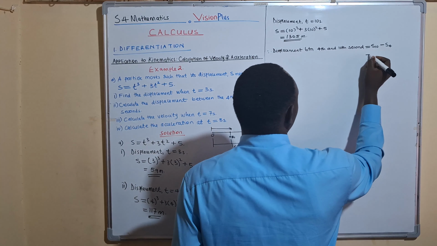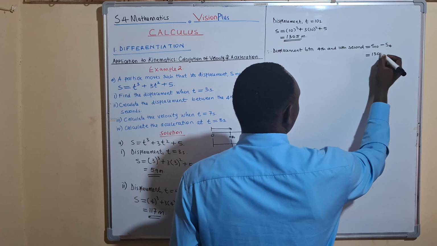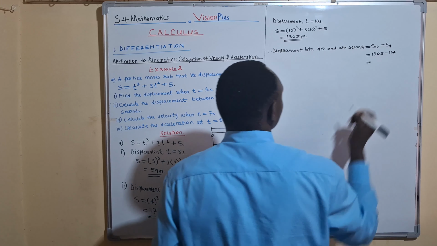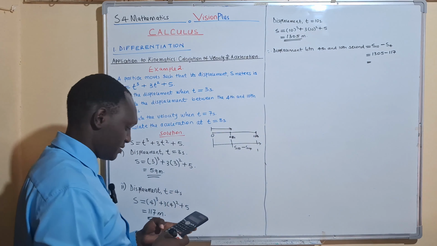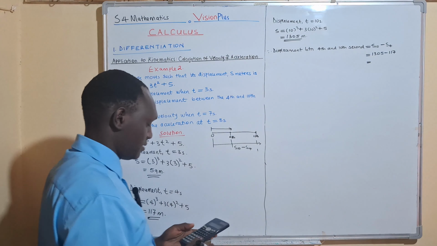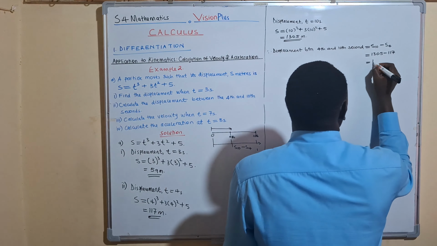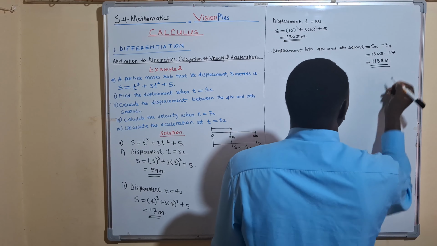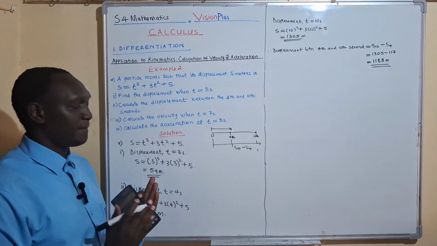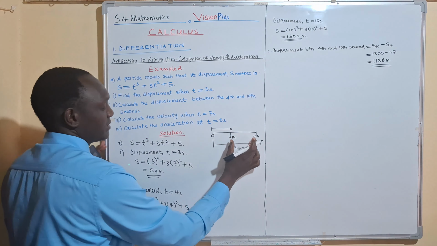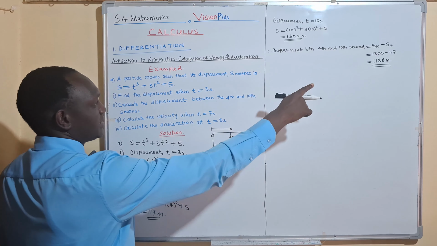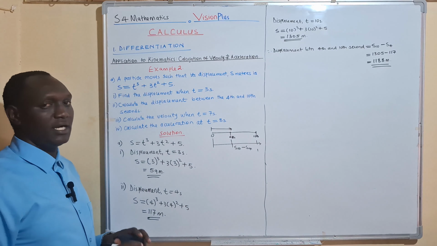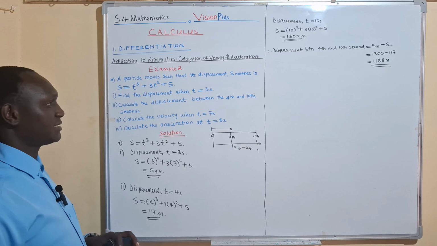We simply subtract the two: 1305 minus 117. Yes, I'm getting 1188 meters. So the distance the particle moves between 4 seconds and 10 seconds is 1188 meters, and that is the answer.